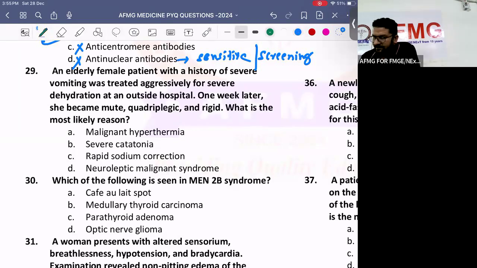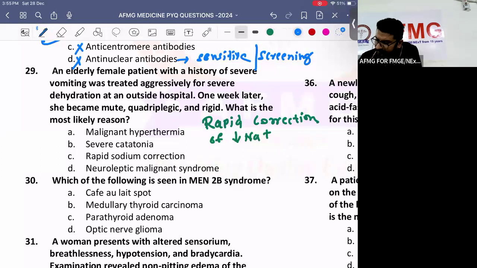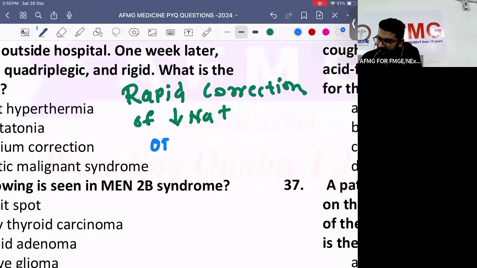I told you something like rate of correction of sodium should not be more than 10 to 12 milliequivalent per day. अगर आप जल्दी correction करोगे, what we call this? Rapid correction of hyponatremia. This will cause a condition. That condition is called ODS. What is ODS? Osmotic demyelination syndrome, and it can progress into central pontine myelinolysis.